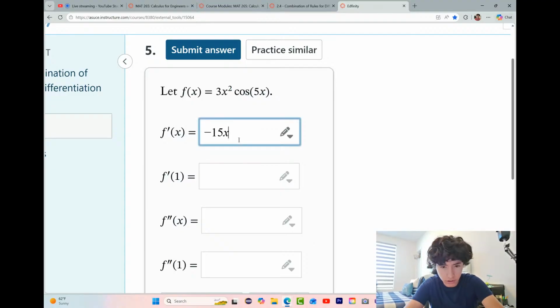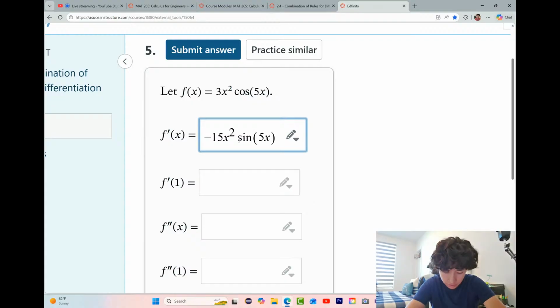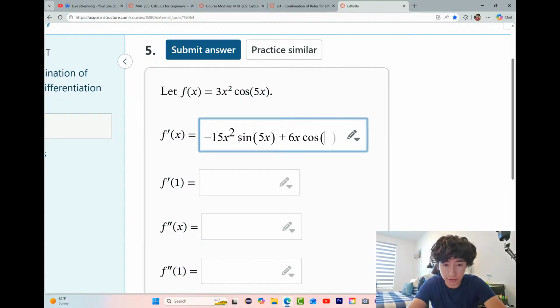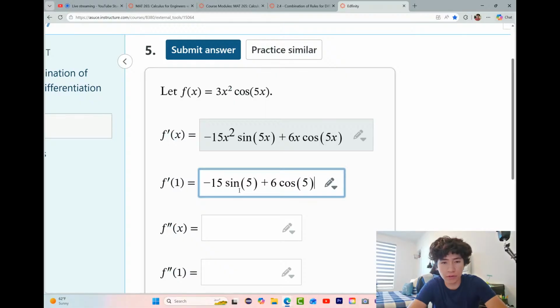Negative 15x squared sine of 5x plus 6x cosine of 5x. I typed that right? Yeah. All right, now evaluate it at 1. We get negative 15 sine of 5 plus 6 cosine of 5.